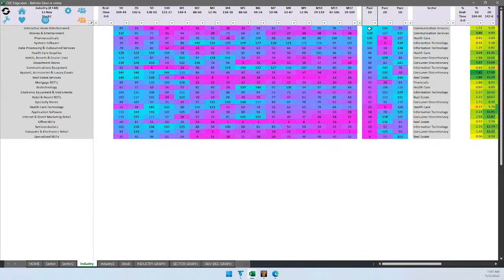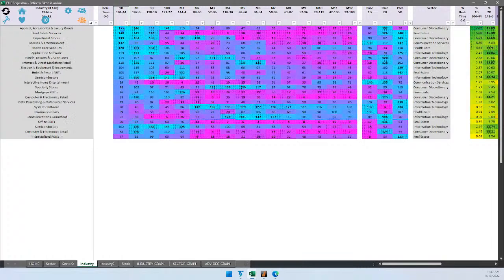Several of these industries are in the most accelerating industries, top 20% accelerating industries on Friday. Some of them are among the top 20% of industries in terms of strength. So you could look at stocks from both of these categories.